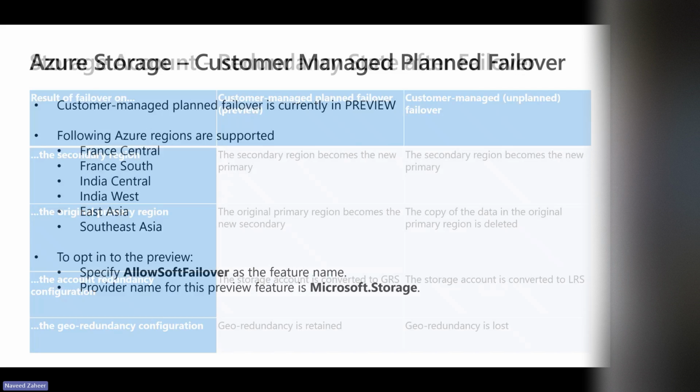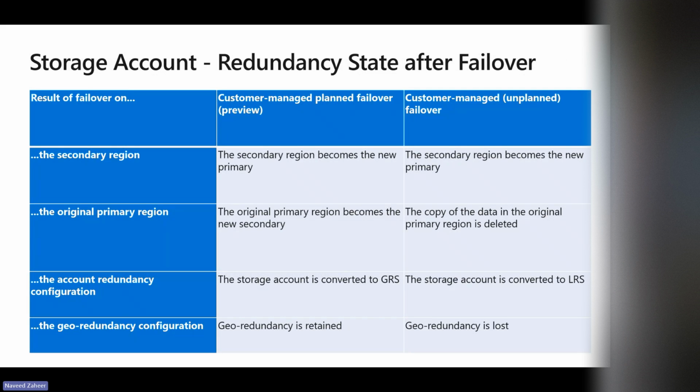Now, let's see. This is very interesting: what will happen between the planned and unplanned failover, or the state of the storage account? Let's say that you have a geo redundant storage account and you did an unplanned failover. A few things will happen. First of all, your data on the primary site will be deleted.